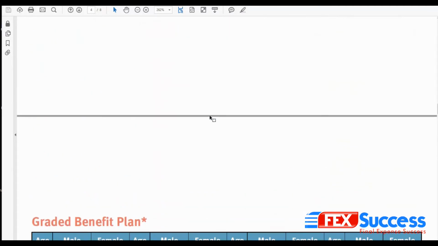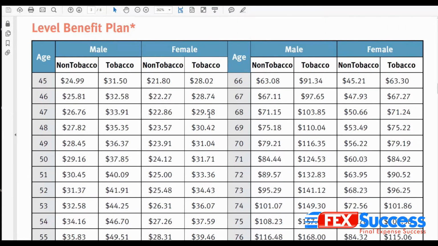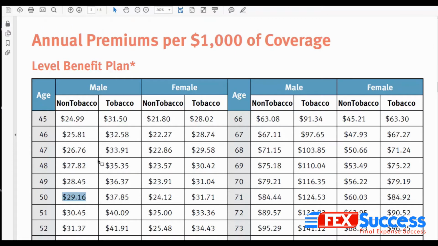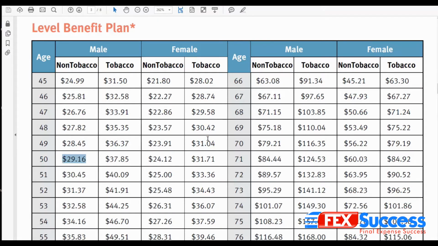So let's say we want to run a quote for a male, non-tobacco, 50-year-old. We'll take 50 years old as the age, male, non-tobacco, and we'll find the modal factor. This is the annual premium per $1,000 of coverage. If you want to run a quote for, say, $10,000 of coverage, you take that 29.16 and multiply it by 10.